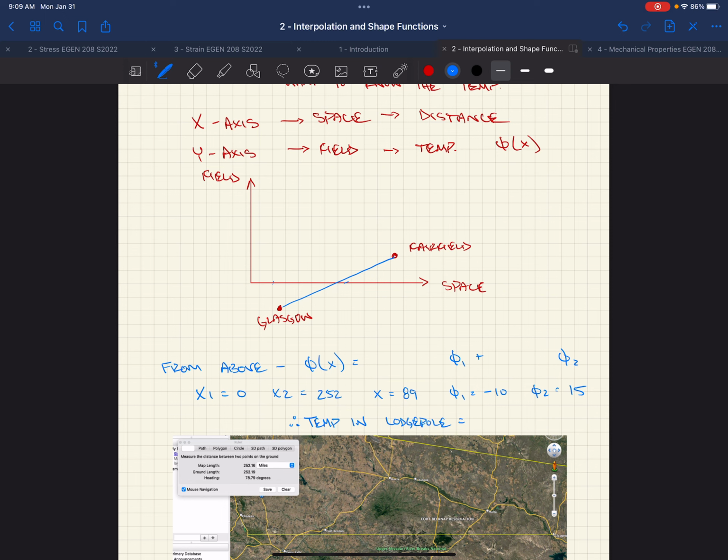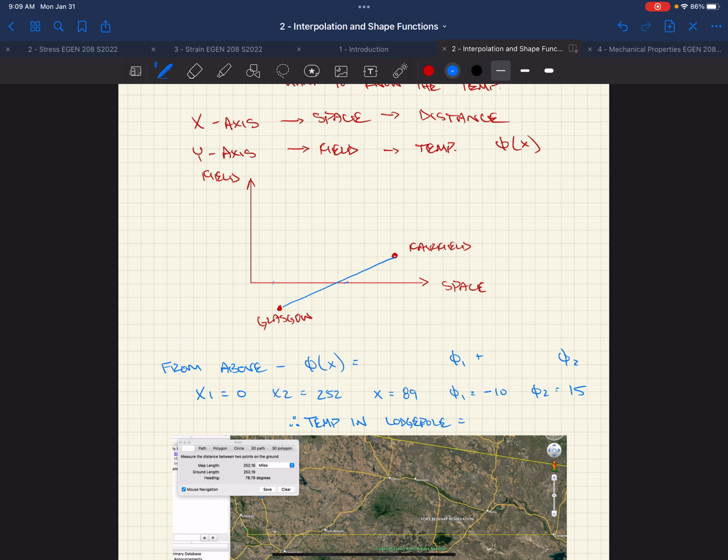We have the same generalized degrees of freedom. We've got 2. We put n equal to 1 into here, we get a naught and a1. It'd be a naught plus a1 times x. That would be our displacement function, or our temperature function in this case, with respect to our space variable.